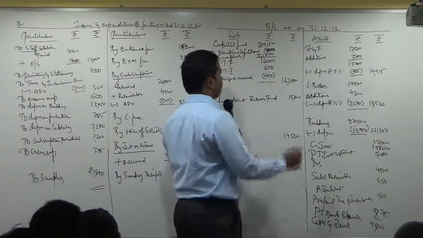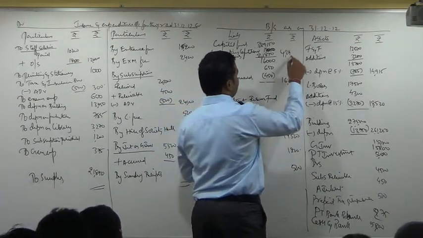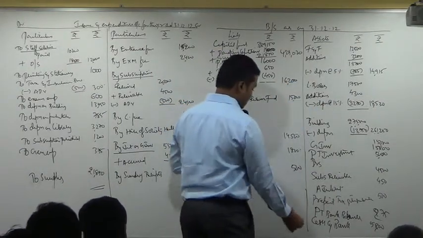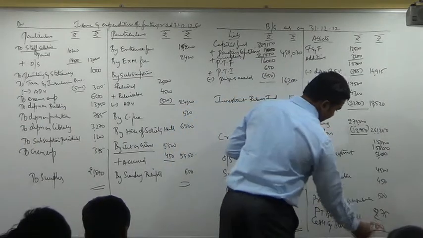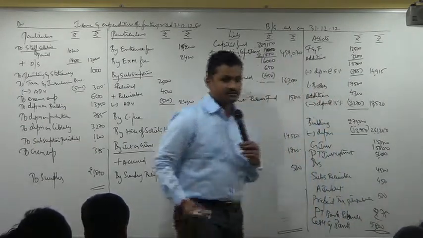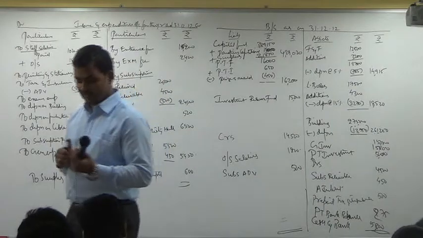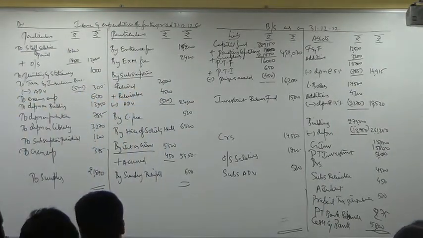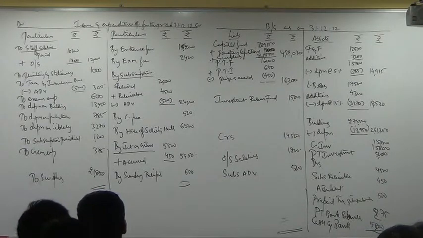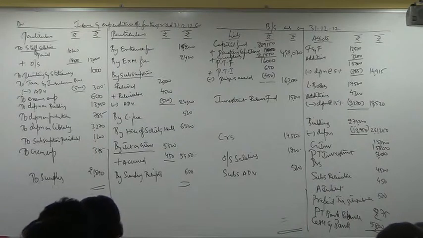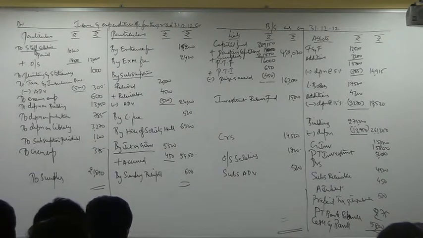Capital fund outer column 4,29,020. Any further provision? Yes.